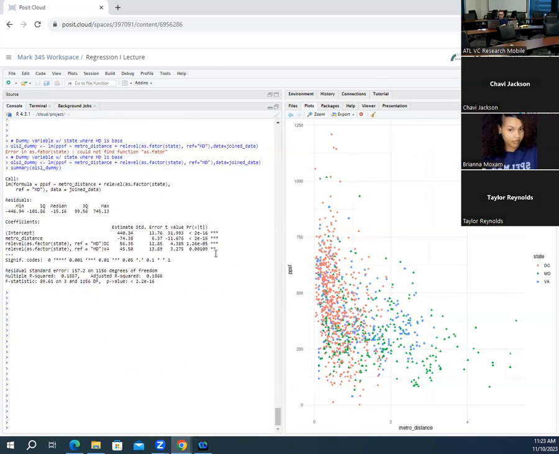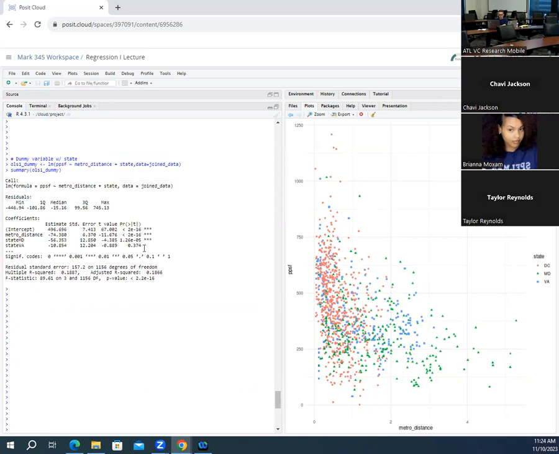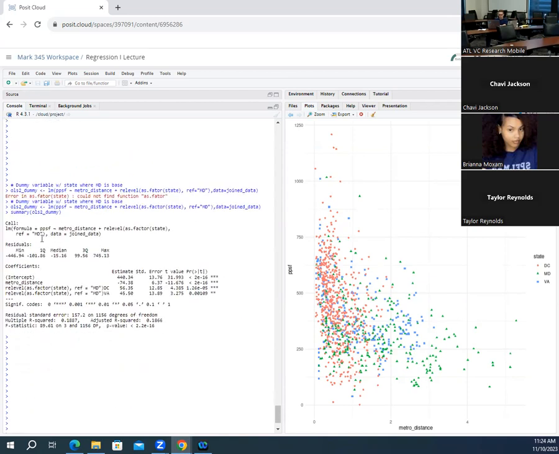You can see they're all significant, but Maryland relative to Virginia is only significant at the 1% level and not at the 0.1%. We're not finding that up here. So that's why I'm a little puzzled. I have to think about that harder and figure out why we're coming up with different results, because all I've done is change it.